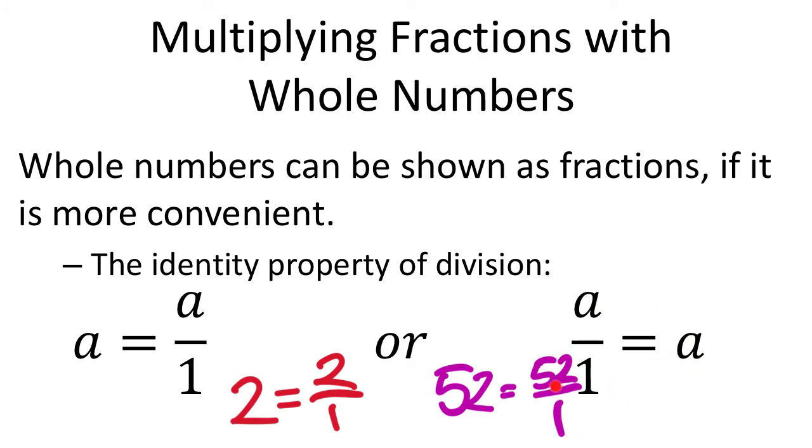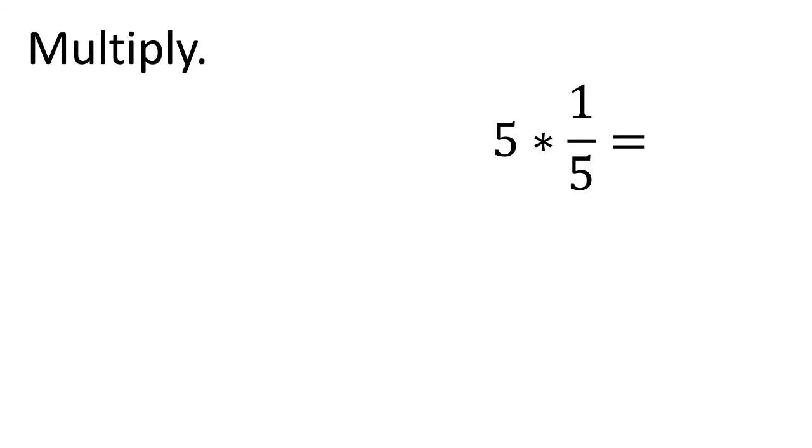If you had something divided by 1, you can change it back into just 52 if that's convenient for you. All right? But it is more about convenience. And where we are multiplying these fractions, yeah, it may be more convenient to see whole numbers as fractions like this. All right, so let's multiply these, and you'll see what happens hopefully fairly quickly.